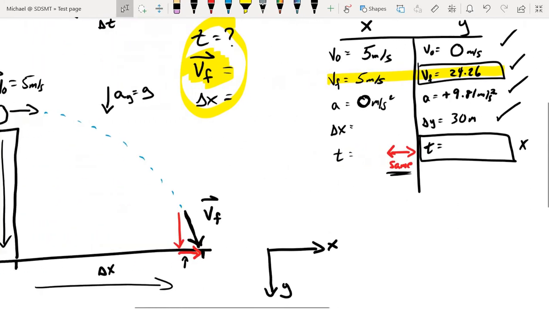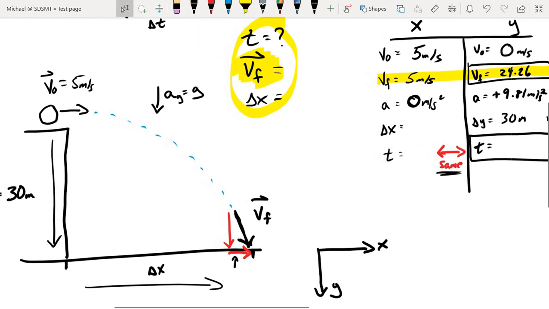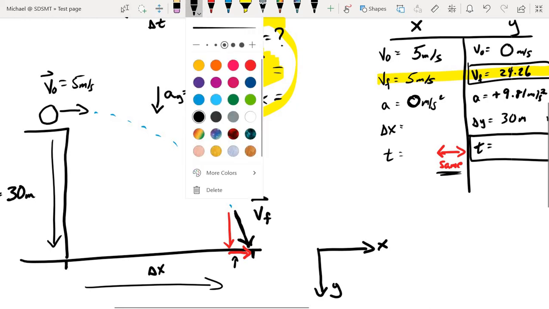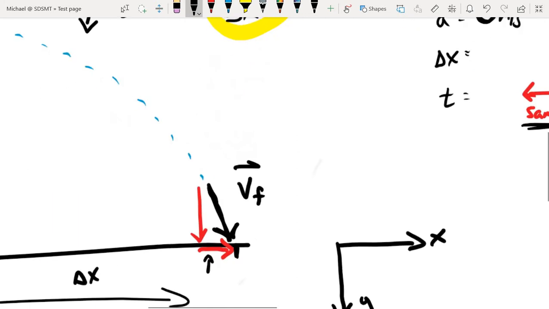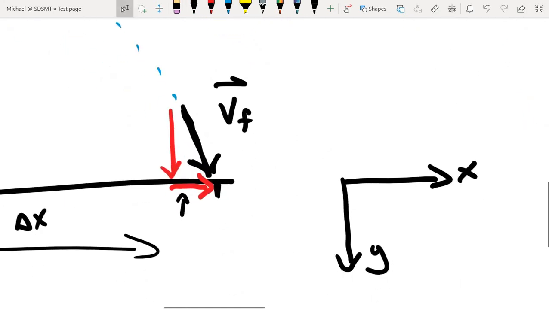So what does that mean for us? Well, as the rock, oops, let's zoom in here. As the rock hits the ground, it makes an angle with the ground, which is approximately 78 degrees.